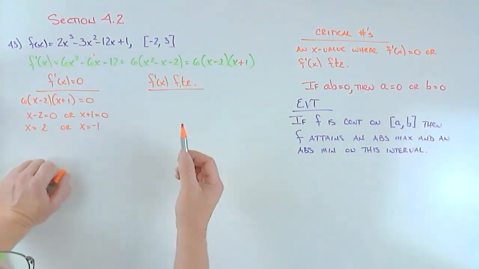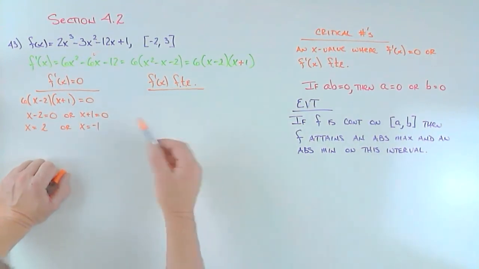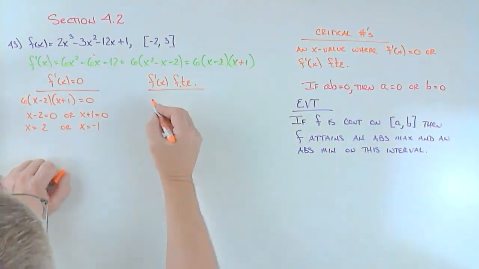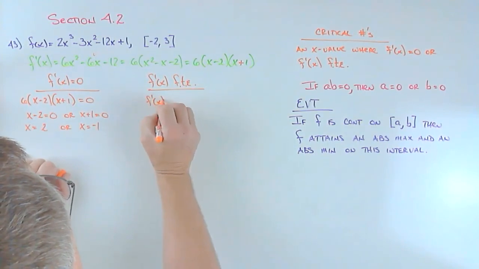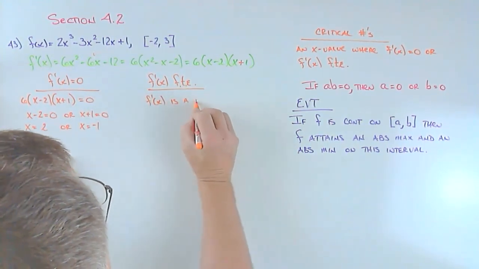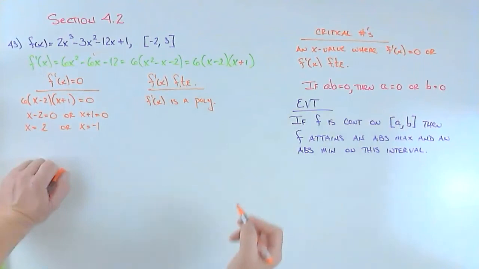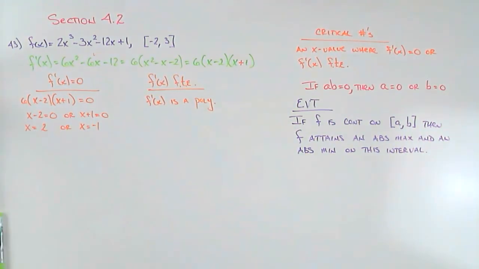So I want to make sure they realize I know I'm supposed to do this, but it does not apply, right? f prime of x is a polynomial, so I'm just going to state that, so they know it never fails to exist. So I have 2 critical numbers: x equals 2 and x equals -1.